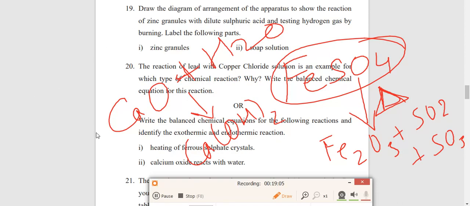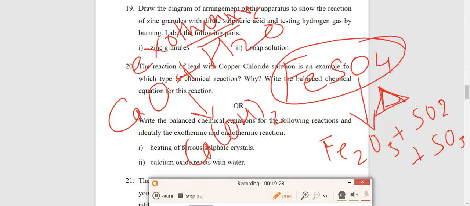You can see that calcium oxide is combining with water to give you a single product, that is calcium hydroxide. And in this reaction a hissing type of sound we can hear, which is the indication of the heat liberated. So it is an example of exothermic reaction since heat is liberated in this reaction.